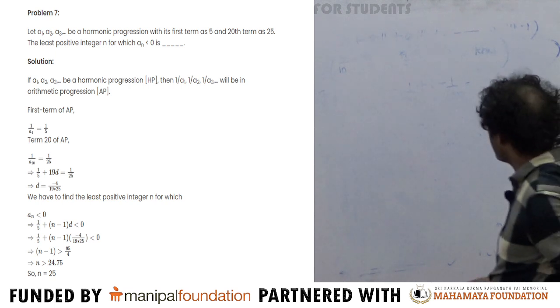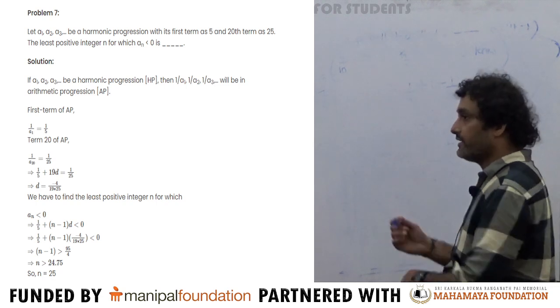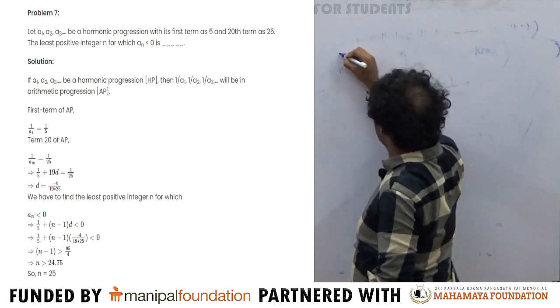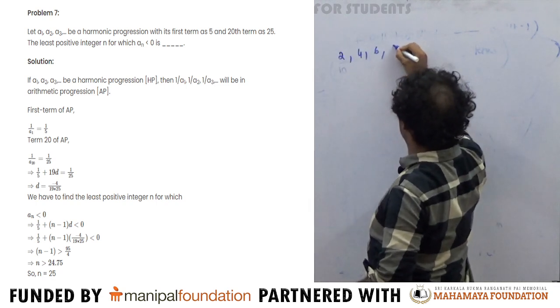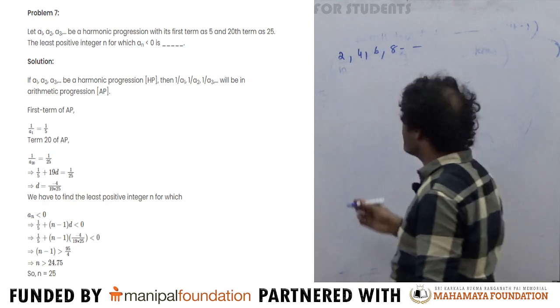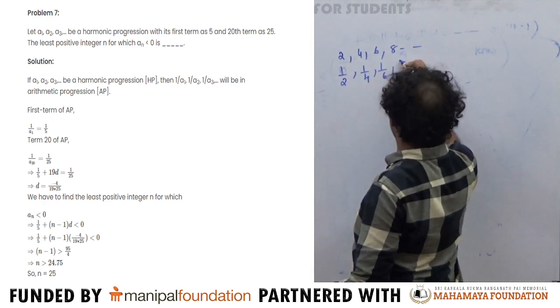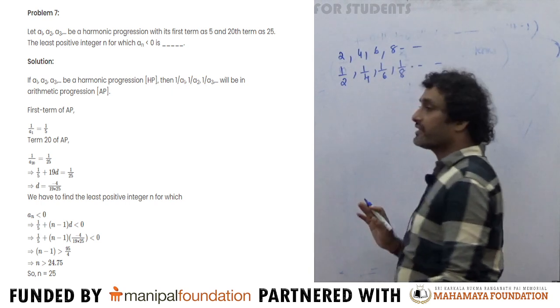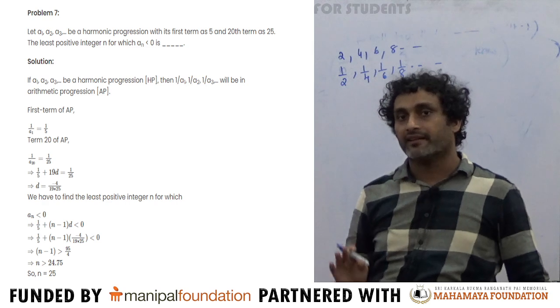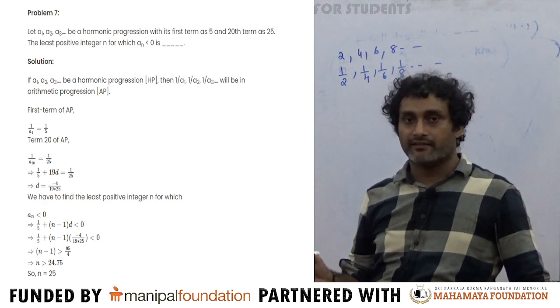So I'll tell you what is harmonic mean before you start, okay? It's something like this. Suppose you have 2, 4, 6, 8. This is an arithmetic mean, right? So when you take its reciprocal, like 1 by 2, 1 by 4, 1 by 6, 1 by 8, etc., we call it harmonic mean. I didn't teach you harmonic progression because we are just solving arithmetic numbers.